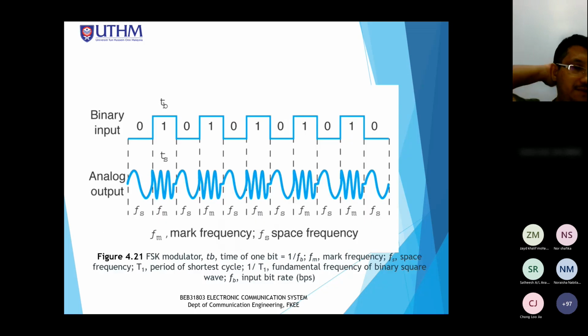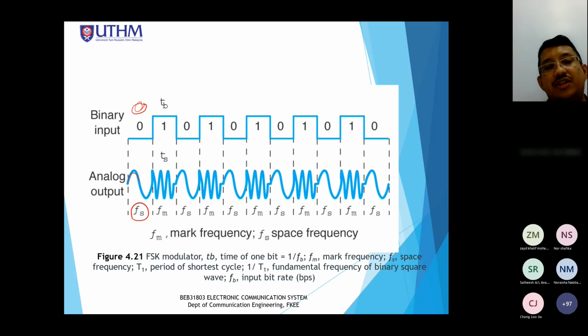Okay, and if you see the waveform of the FSK, it is like this. So imagine that we have the binary input logic 0, logic 1, logic 0, logic 1, and so on. Remember, logic 0 will produce a low frequency output, which is what we call the space frequency, Fs.